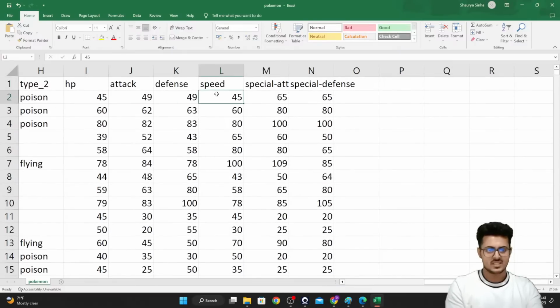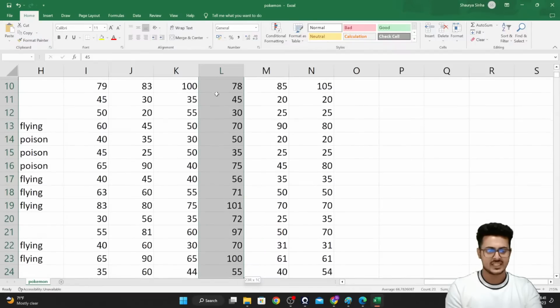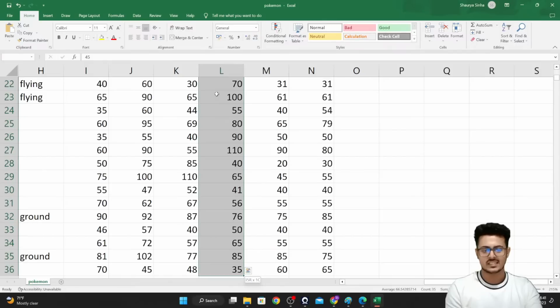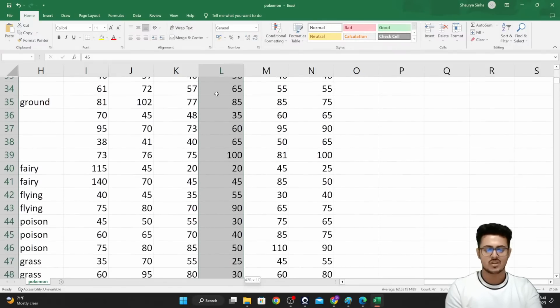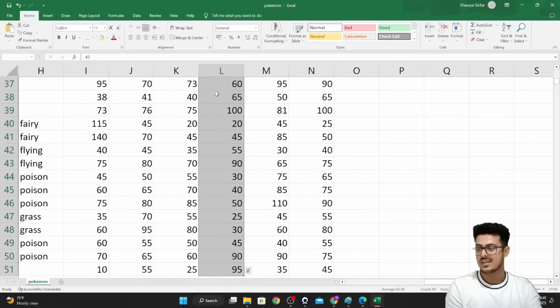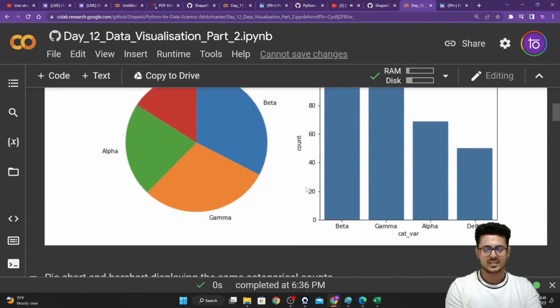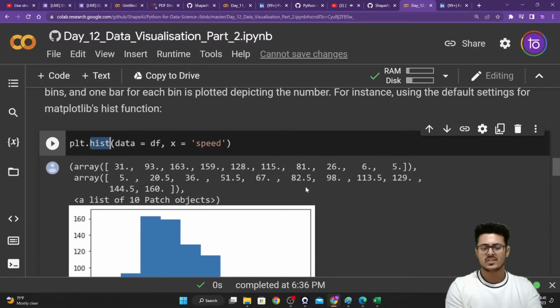As you're able to see, the speed data is like 43, 58, 78, 45, 70, 101, 72, 97, 56, 76, 35. It's not just in tens or fives itself. You're having a distribution of data, and this distribution of data is what you want to plot right now. That is the reason why we are choosing a histogram.